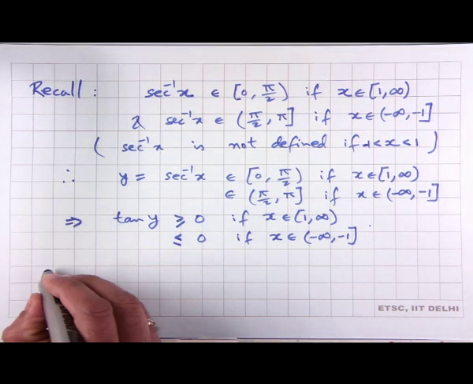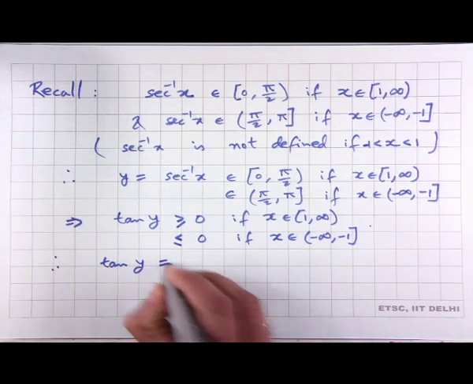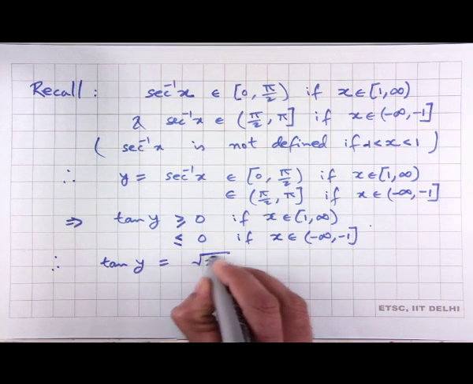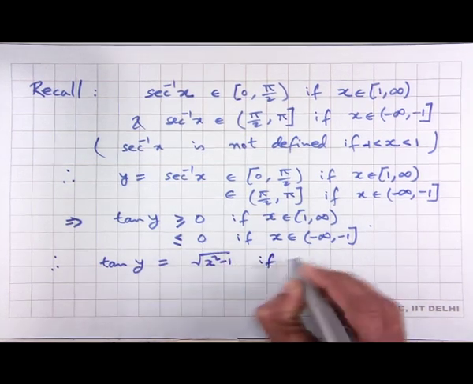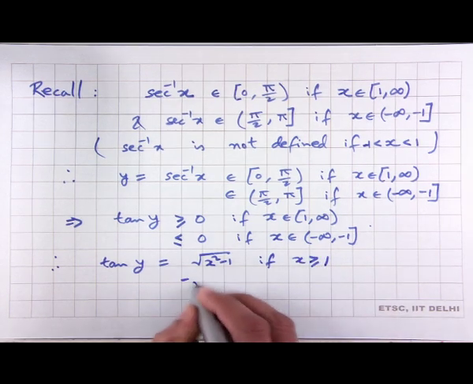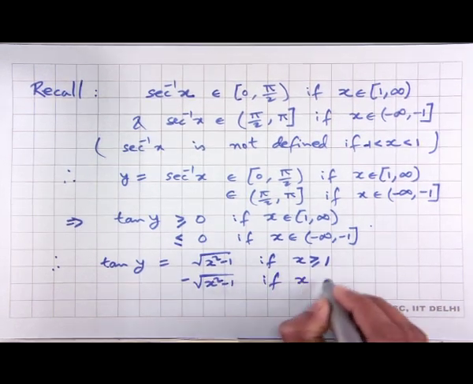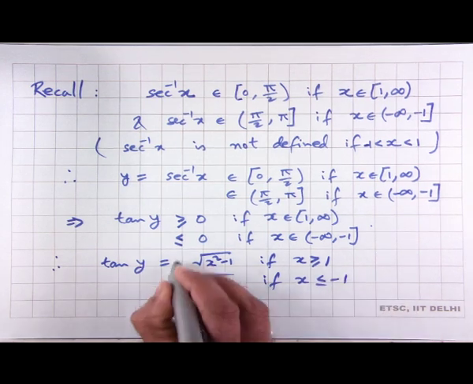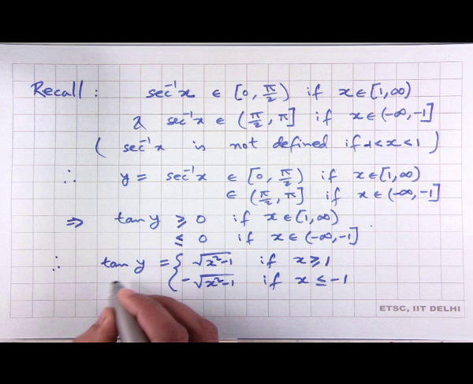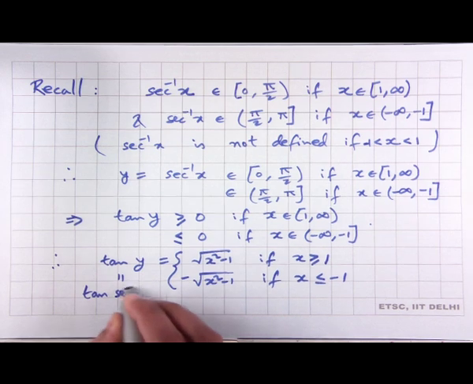So, therefore, tan of y is equal to square root of x square minus 1 if x is greater than or equal to 1, and minus square root of x square minus 1 if x is less than or equal to minus 1. This was tan of secant inverse of x.